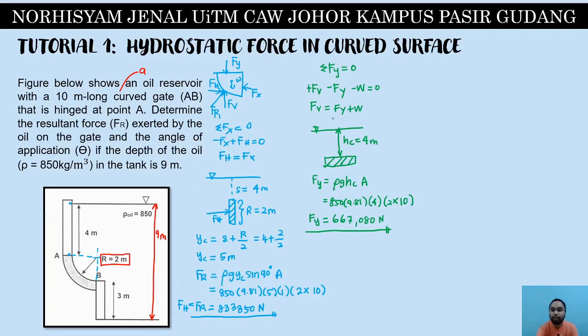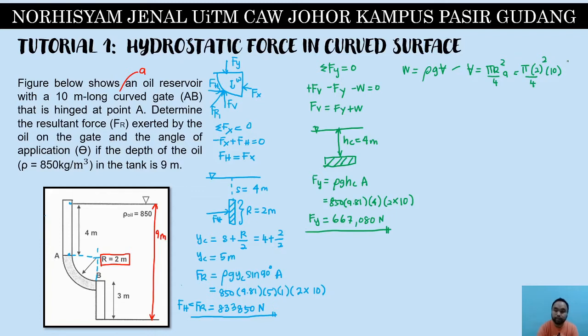Now we have to calculate W. So W is rho times G times V, and this is a quarter circle, so the V is pi r square over 4 multiplied by A, so equal to pi. R is 2 square over 4 and A is 10 meter.